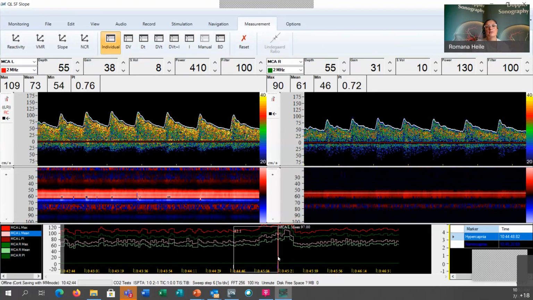That's important. You do not go to the steady state, you go to the marker that was set when the patient was releasing, and then you press slope, and you get the regression analysis here. That will be expressed as the increase in percent per minute.